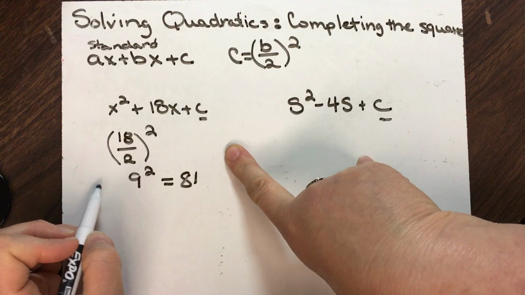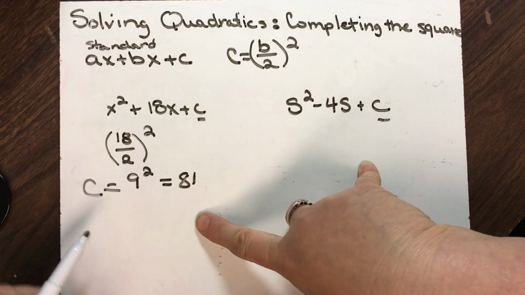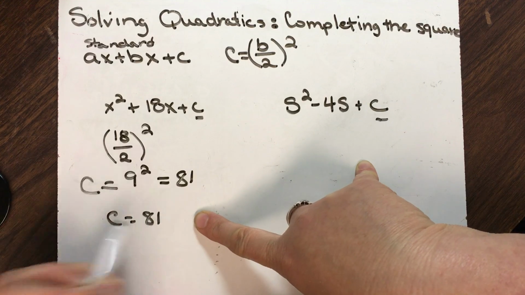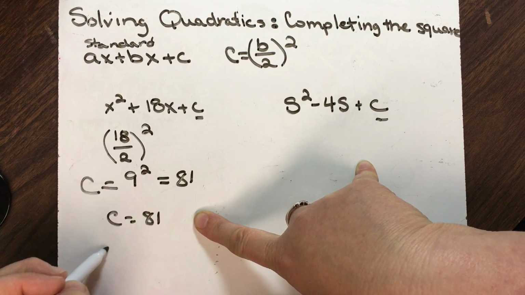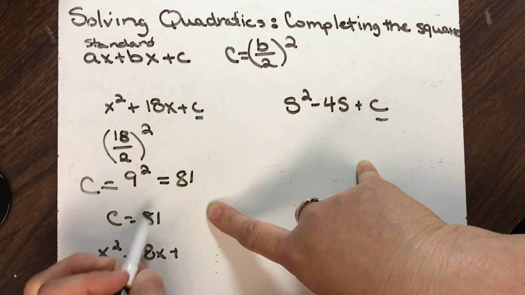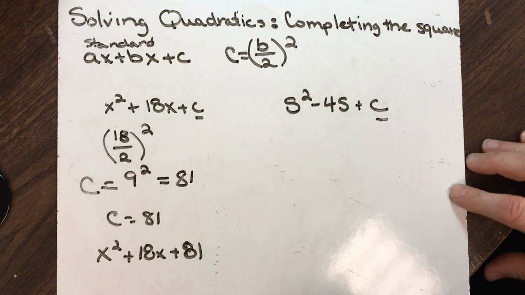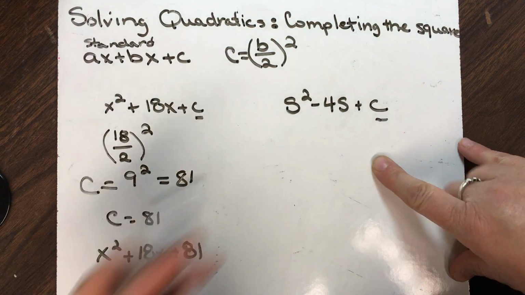So in this one, to complete the square, we have c equals 81. So our standard form would be written over, like that.